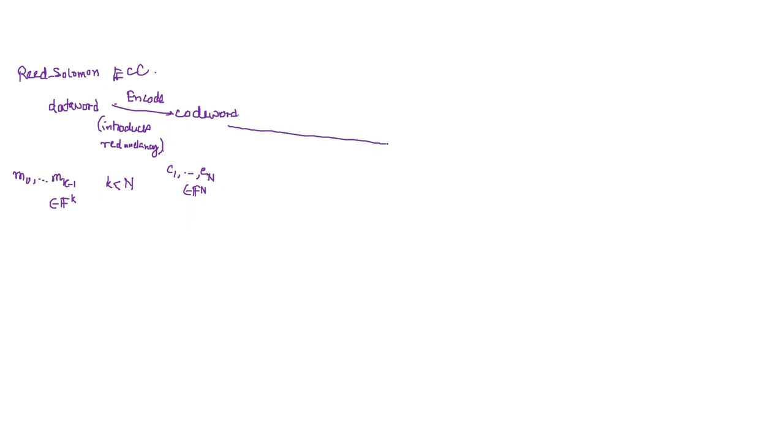Now this code word is conveyed through some noisy communication channel, and while being communicated, some noise is introduced and your received code word is erroneous, which after decoding will get you back the correct data word.